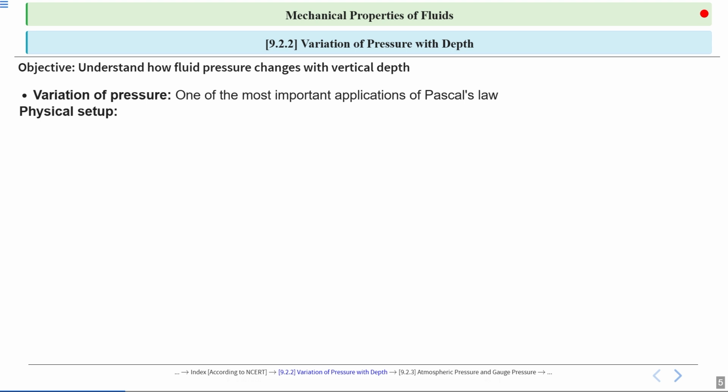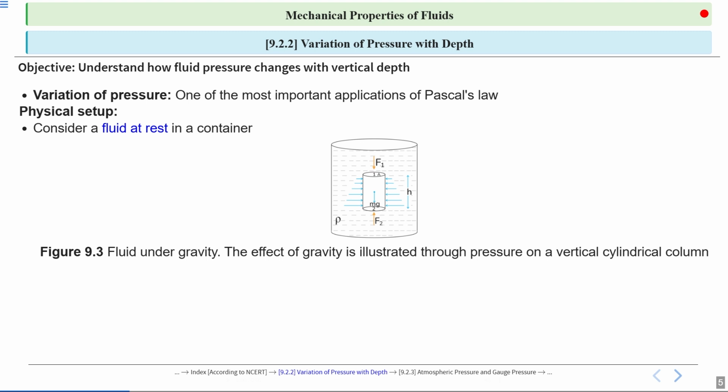Now, let's set up the physical scenario. So, consider a fluid at rest in a container. Look at the figure. We see a vertical cylindrical column of fluid as shown in figure 9.3. So the figure 9.3 shows how gravity affects the pressure within the fluid.